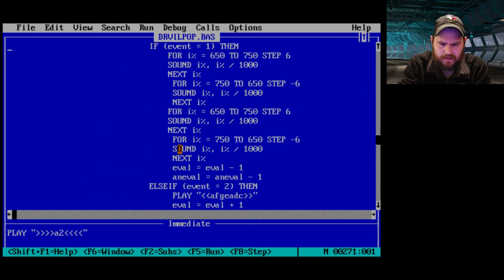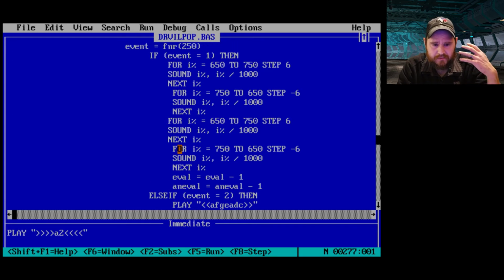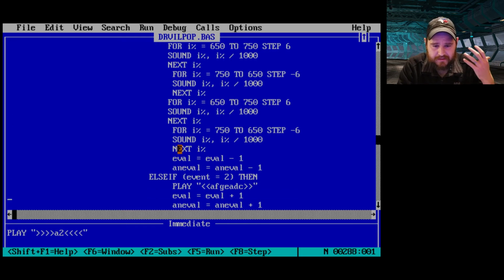Okay. So, that's the siren. He doesn't give this event a name. Your evaluation and annual evaluation go down. That's it. That's the event. The event is the siren, and bad stuff happened. This is a generic bad stuff, I guess.